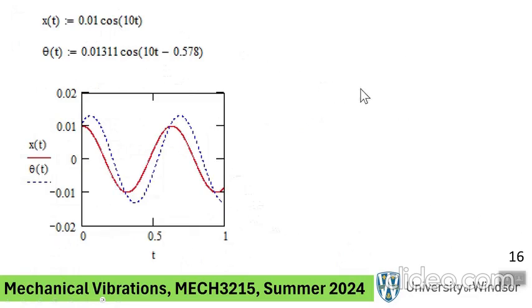But I've also plotted the answer if that displacement on the right hand side, instead of being cosine, is sine. Suppose that we were told that on the right hand side, that displacement is not 0.01 cos 10t, but it's 0.01 sin t.